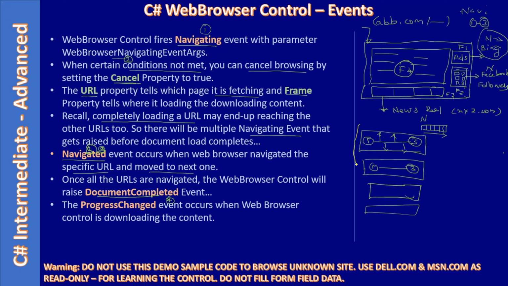Finally, when all the contents are loaded, it fires the DocumentCompleted event. And in between, we get the ProgressChanged event, which will be fired multiple times between Navigating and Navigated. Right? So that's all the important events that you need to know.